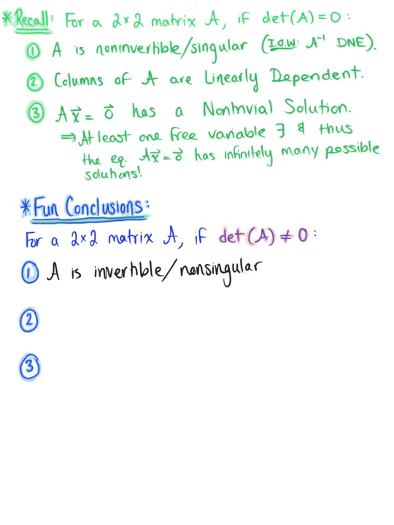So if a matrix is invertible, this lets us know that its inverse exists. Now, using the conclusions above, since matrix A is invertible, this lets us know that the columns of matrix A are linearly independent, or form a linearly independent set.